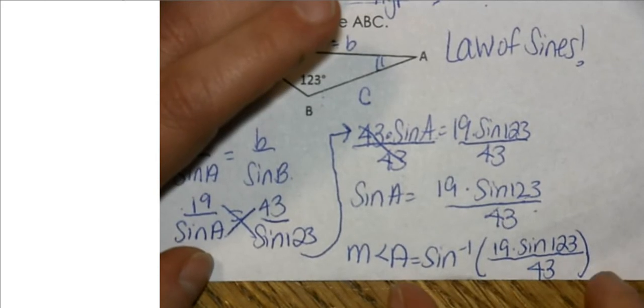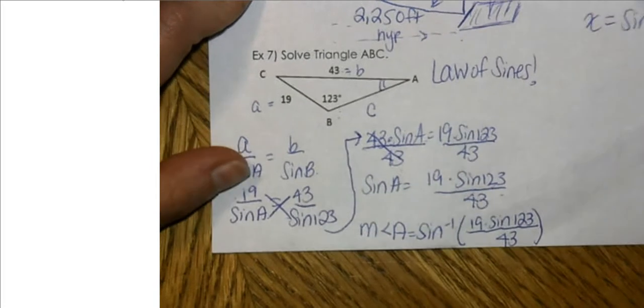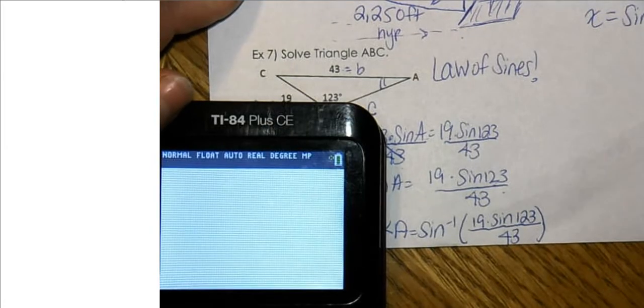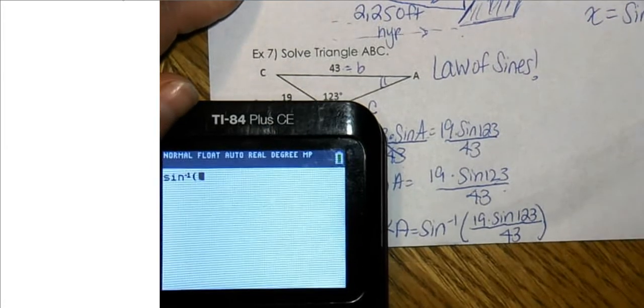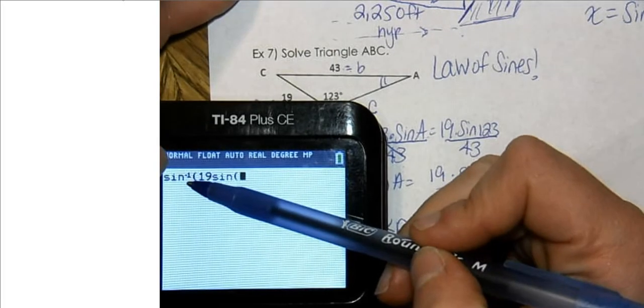And this whole statement is something that I'm going to enter into my calculator. So I'm going to put into my calculator sine inverse of 19 times the sine, regular sine, so not sine inverse. That's something that a lot of kids mess up on. We're only using sine inverse once.